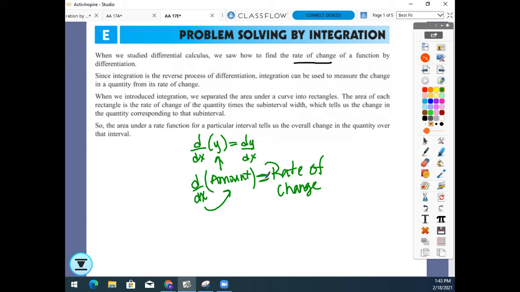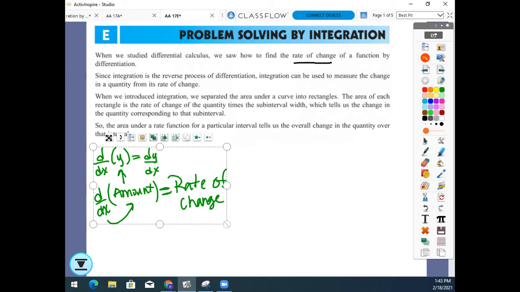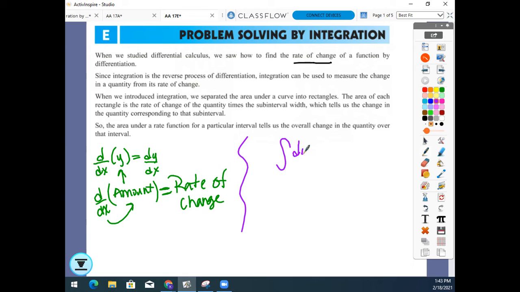Now what we're going to do is the reverse process. When we integrate a rate, when we integrate dy/dx, we get y. When you integrate a derivative, you get y. So when we integrate the rate, we get the amount or the overall change in quantity.